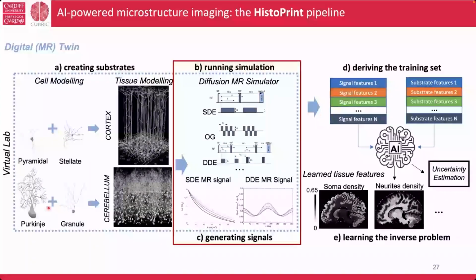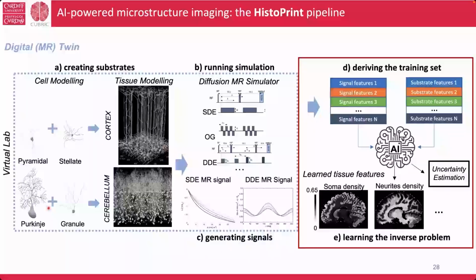Then we need a simulator, for which luckily in our field, a lot of groups have produced very, very good simulators. And then we need a way to do the mapping. Okay, even if you have paired sets of signal features and microstructural features, how do you do this mapping in a reliable way?